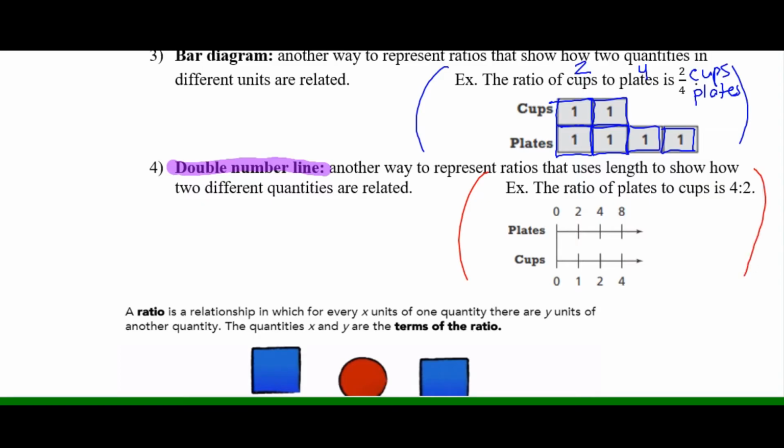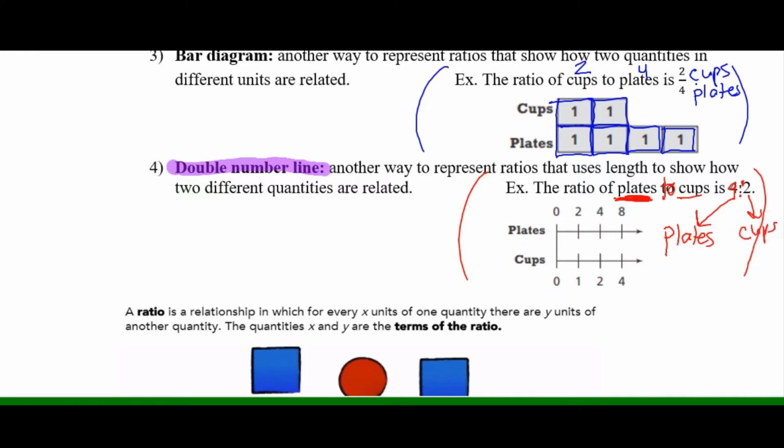So we changed the ratio, so now the ratio is going to be plates to cups. So now since the plates is first, this is going to go with the 4, because when the ratio is written 4 to 2, the 4 comes first. So you're going to have plates, and then the colon, and then the cups. So the 2 is for the cups.